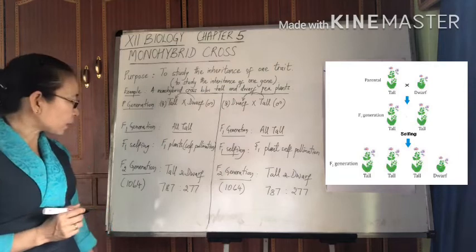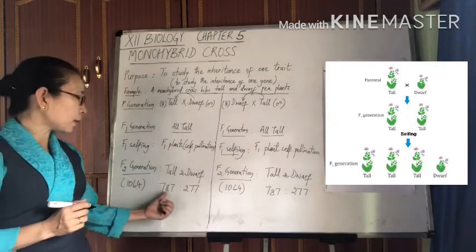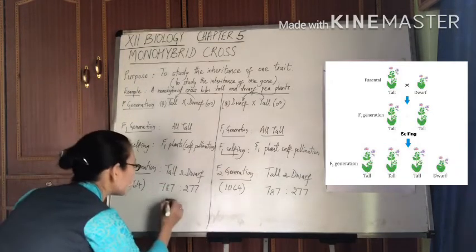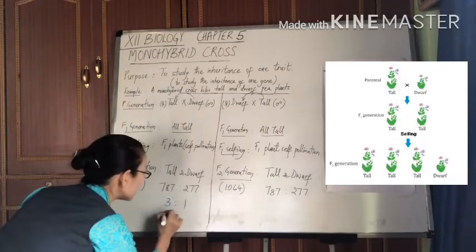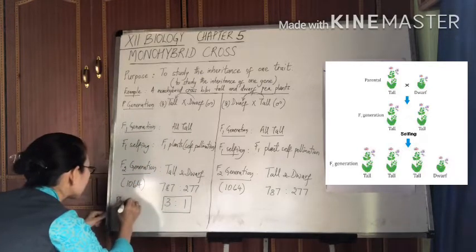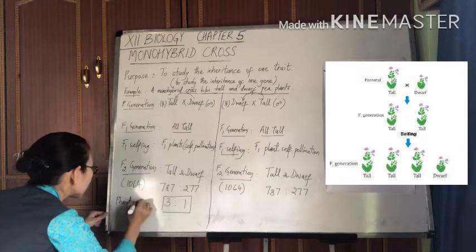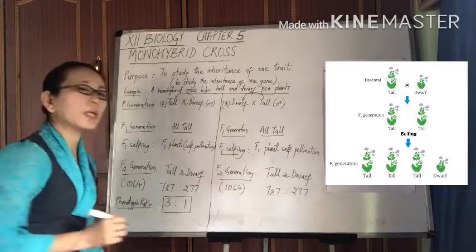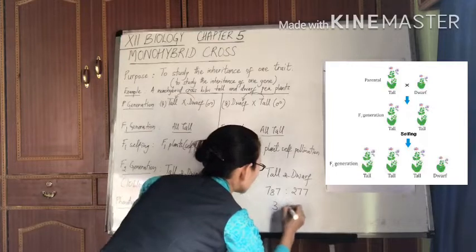And what Mendel noticed here is that 787 to 277 is almost equal to a 3:1 ratio. So this was the phenotypic ratio that he obtained in the F2 generation.